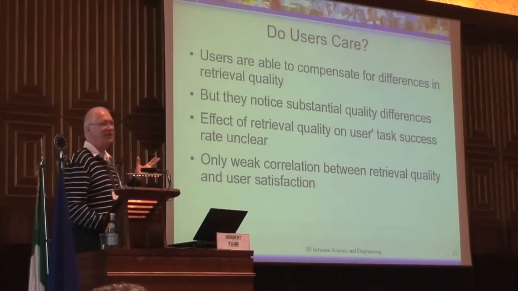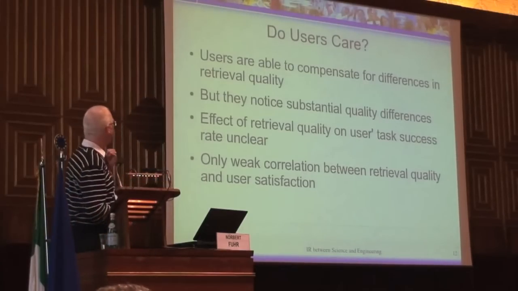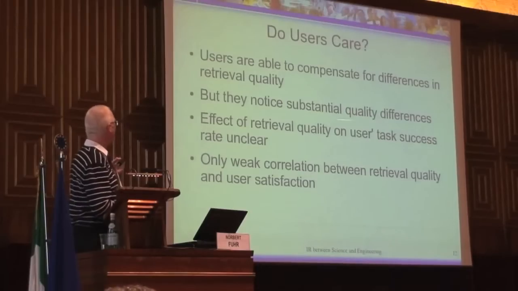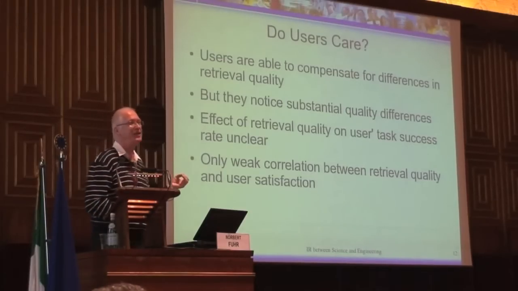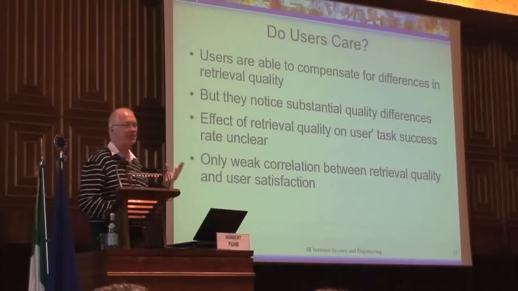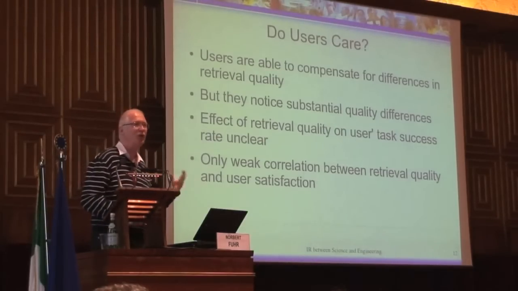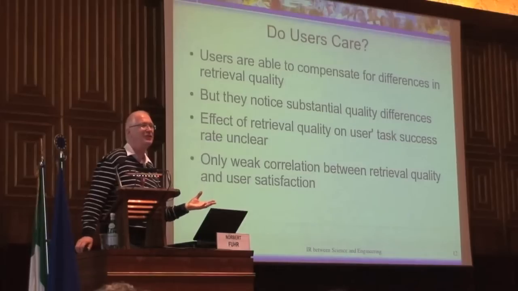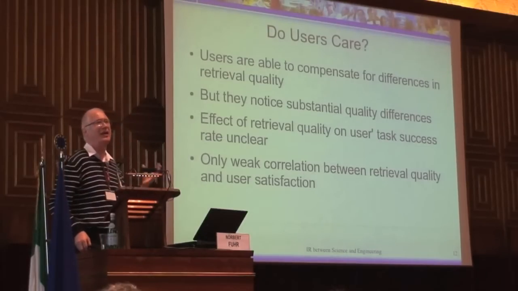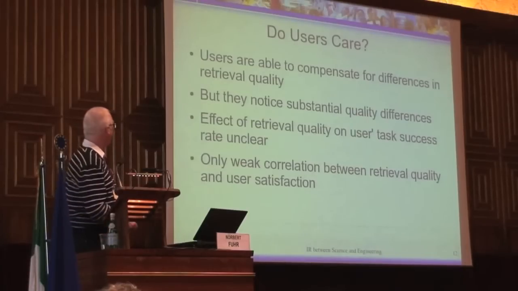And in fact, there is no clear picture on this issue. There are only a few studies, and it's quite unclear to what extent retrieval quality really improves users' task success rate. So far, unfortunately, we do not know if a better retrieval system really helps the user in any better way solving her or his task.